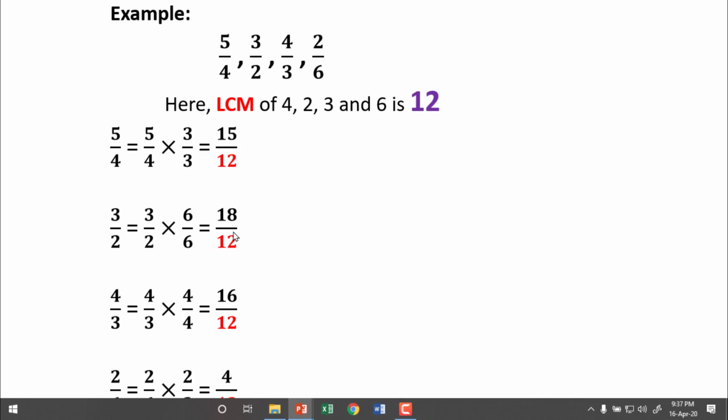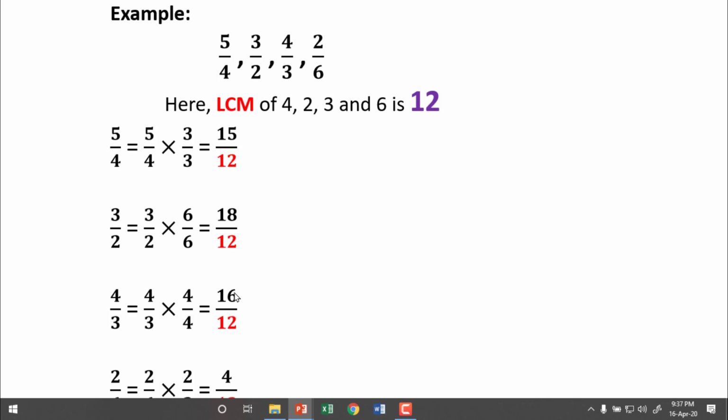So 18 by 12, which is from 3 by 2. So 3 by 2 is the largest fraction. So among 5 by 4, 3 by 2, 4 by 3, 2 by 6, 3 by 2 is the largest fraction. The next one, 16, is the largest after that.